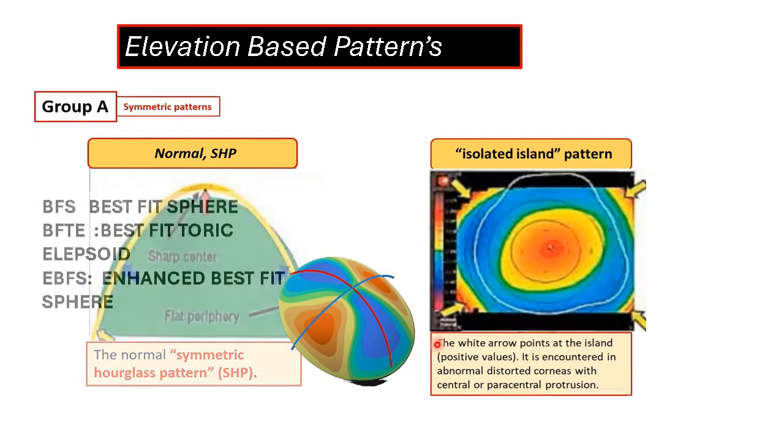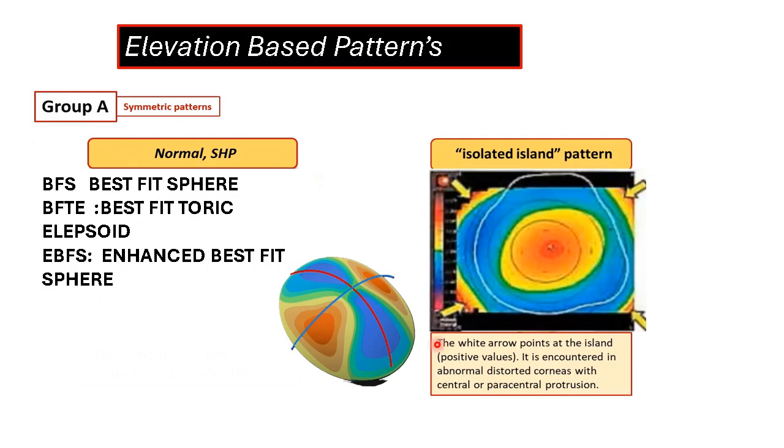And the common reference surfaces, there is the best fit sphere. This is the most common, and as I said before, this is usually for screening of keratectasia and for initial diagnosis. And the best fit toric ellipsoid is commonly used for the confirmation of progression of ectasia.